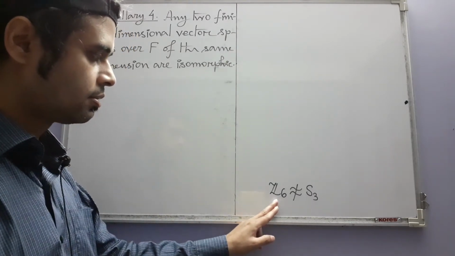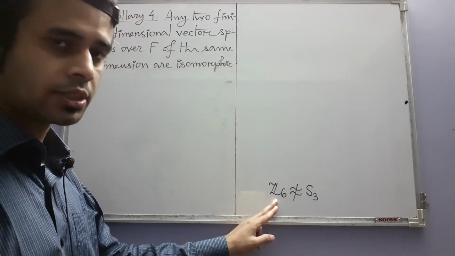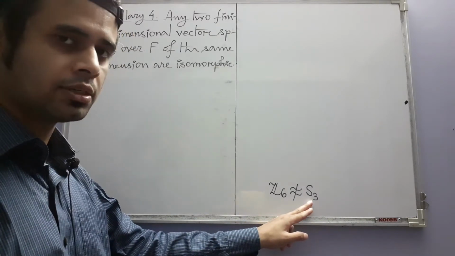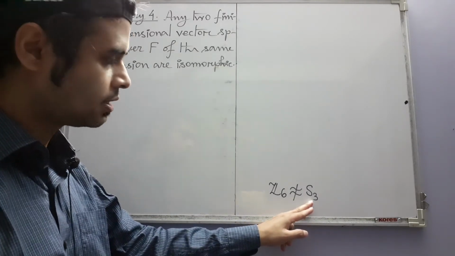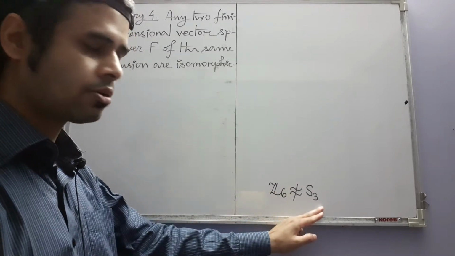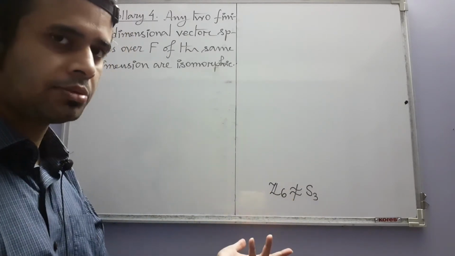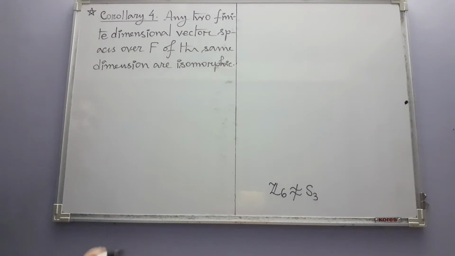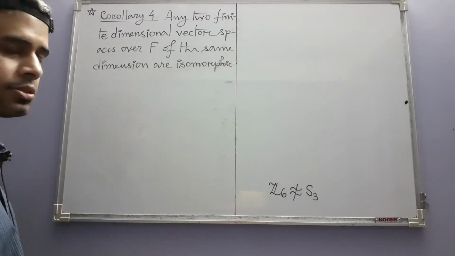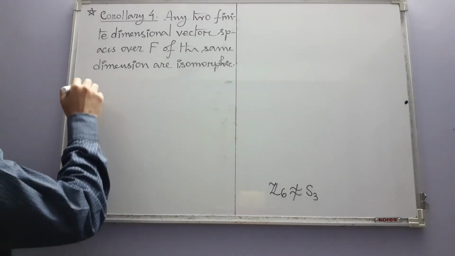This is your cyclic group of order 6, and this is your symmetry group of degree 3, which also has order 6. This is abelian, this is non-abelian, so they cannot possibly be isomorphic. Here, however, same dimension implies isomorphic. So let us see the proof.